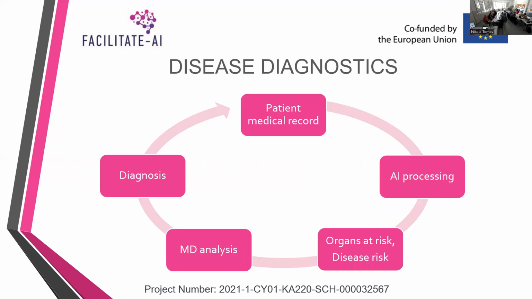AI can also be used for disease diagnostics, starting with the patient medical records being processed by AI, then moving on to the results of that processing, pre-processing and processing, telling a medical doctor which organs are at risk and what disease risk there is, which really helps the medical doctor give the proper diagnosis to any patient.